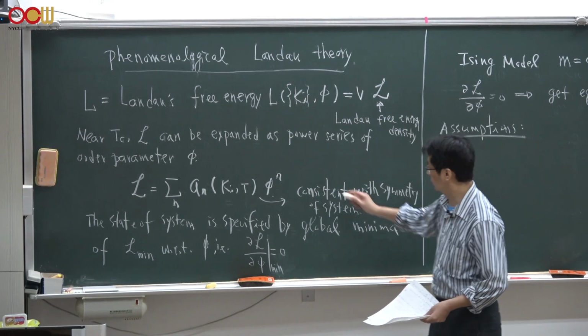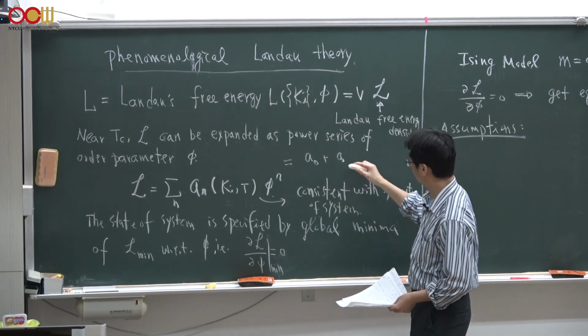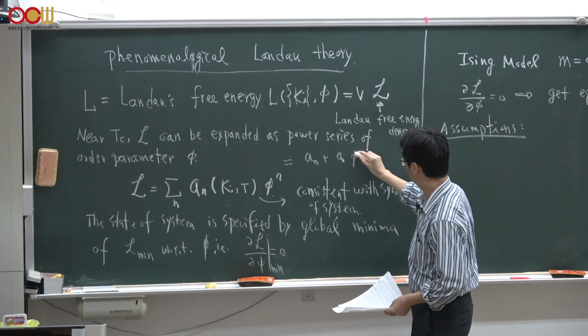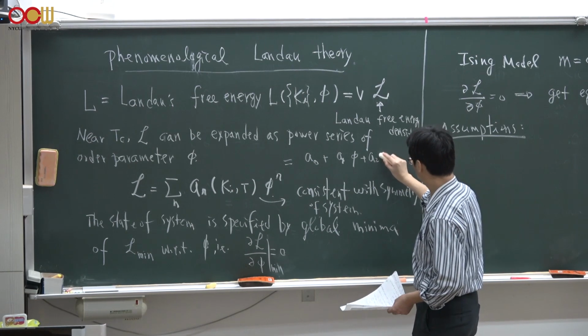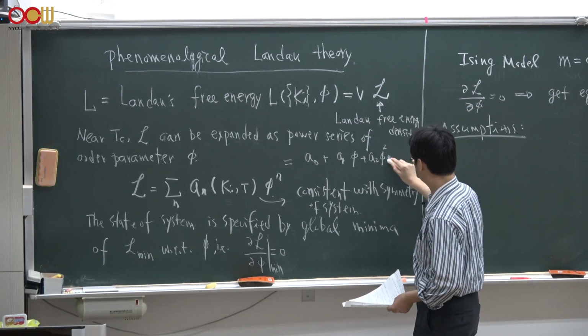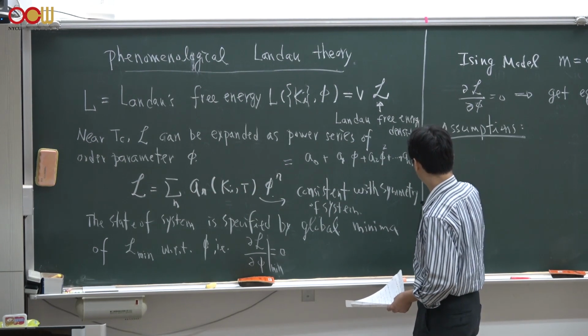We could expand the L as a constant A0 plus A1 times phi to the linear order in the order parameter, and A2 phi squared, plus so on, up to AN phi to the power of n.